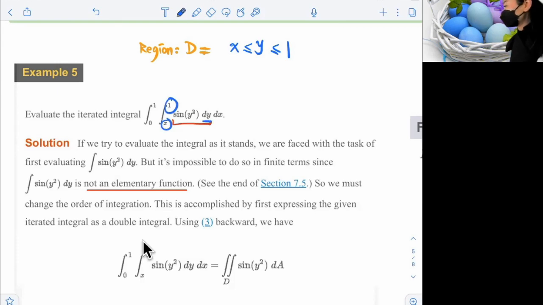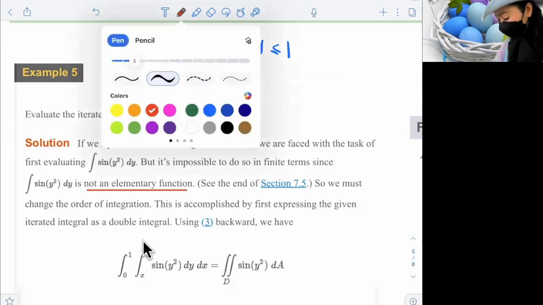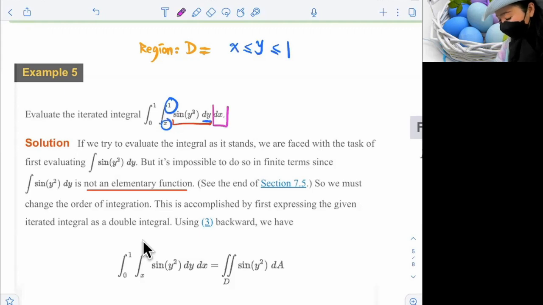Do you agree? And what else do we know? The x over here is between 0 and 1.